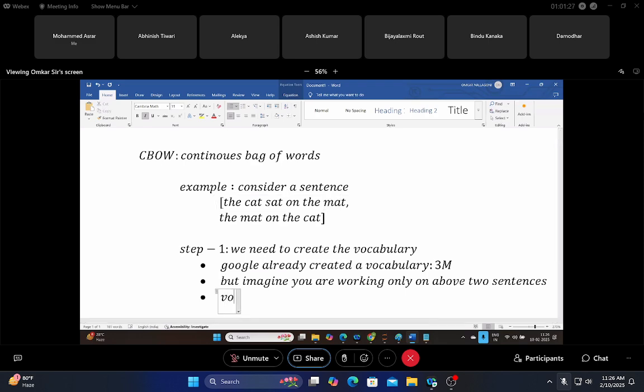Vocabulary size is equal to 5. What are those? Cat, mat, on, sat, the. That's vocabulary done.